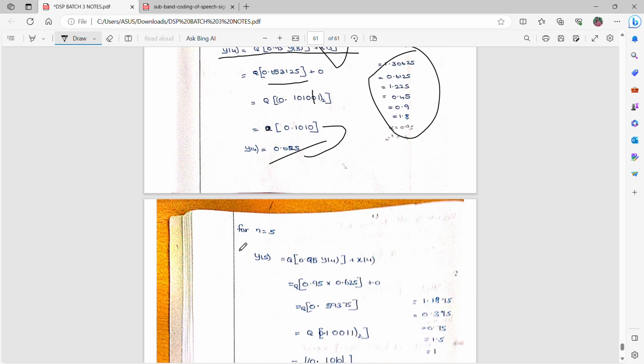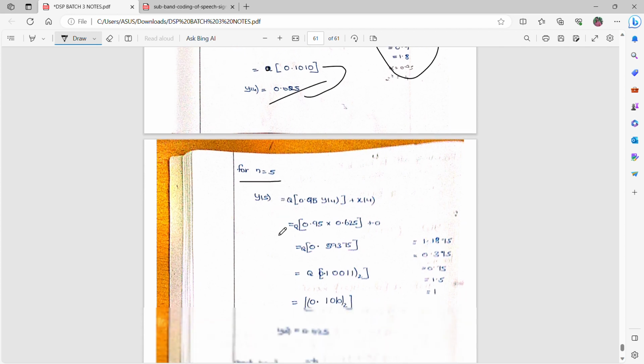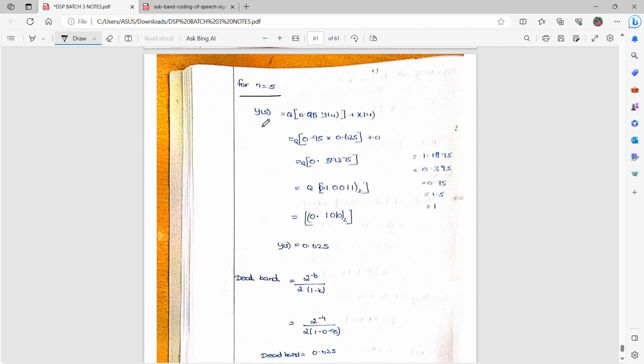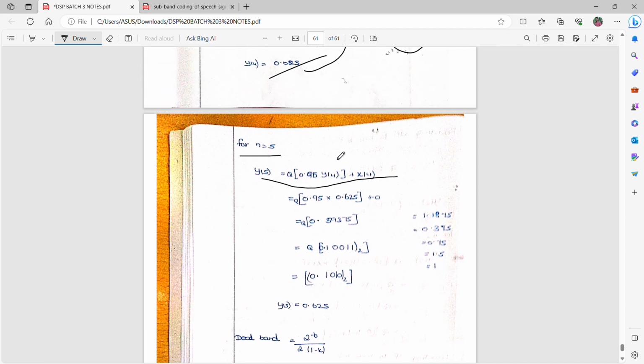Let us take n is equal to 5, and substitute in this equation, that is y of 5 which is equal to q into 0.95 plus y of 4 plus x of 4. As we all know x of 4 should be 0, and the y of 4 value we found before is substituted in this equation, so 0.95 into 0.625.